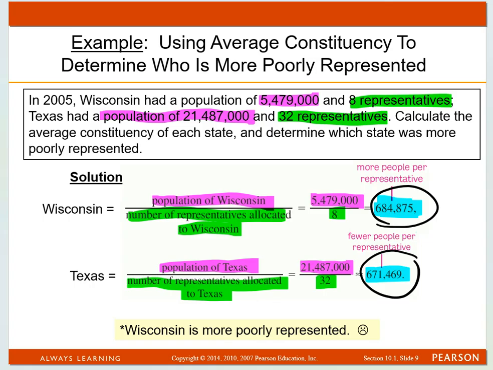Whichever one is larger is the one that is more poorly represented. And so in this case, the residents of Wisconsin are more poorly represented because each one of their reps has to deal with a much larger number of people. And that is what average constituency is all about.